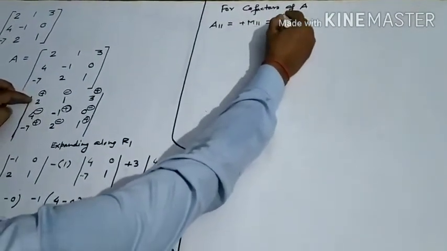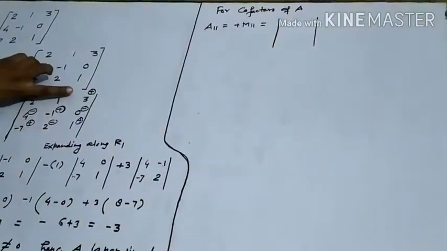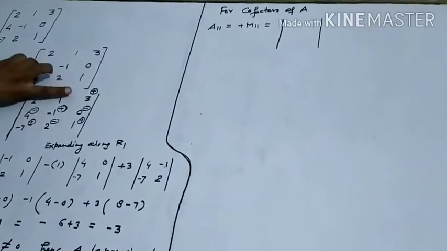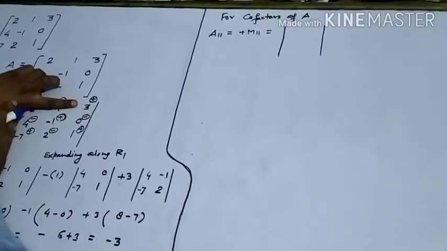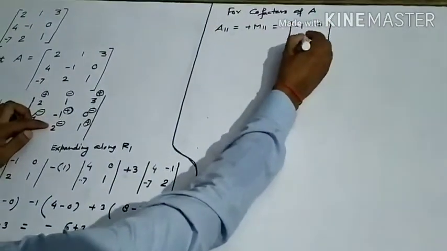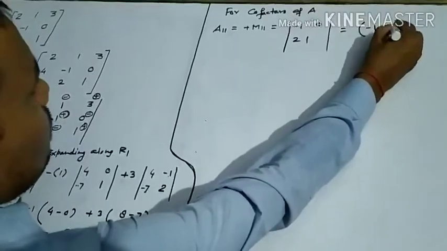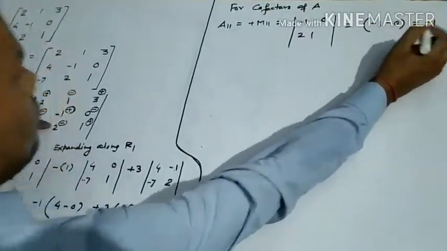How can we get the minor? After leaving the particular row and particular column in which 2 lies. So we are going to leave the first row and first column. So this is minus 1, 0, 2, 1. This is equal to minus 1, and then 0. So this is minus 1.